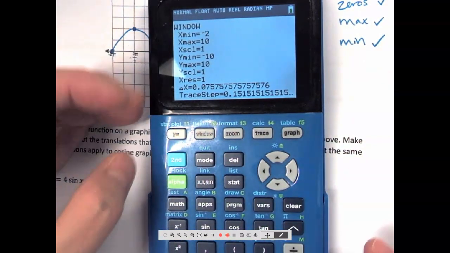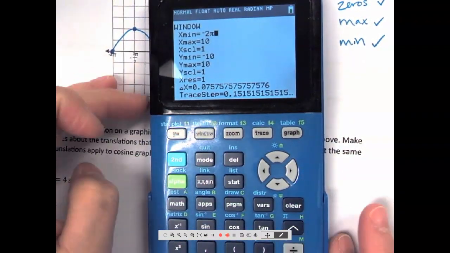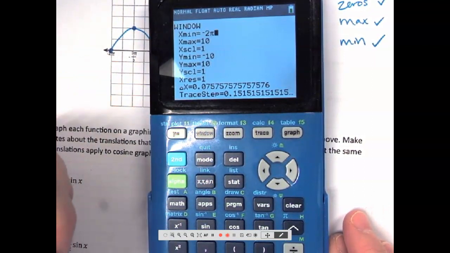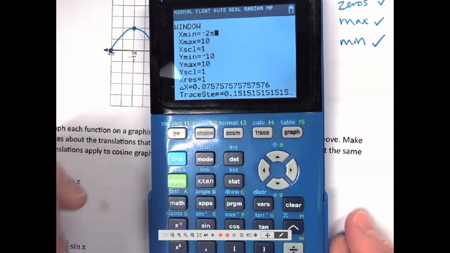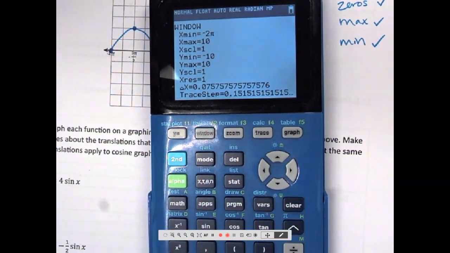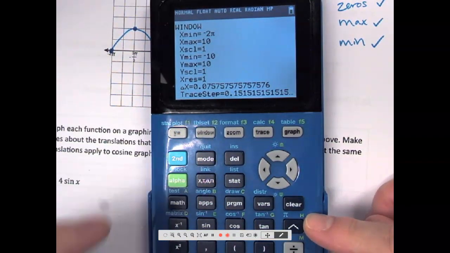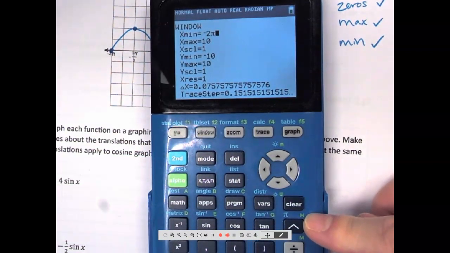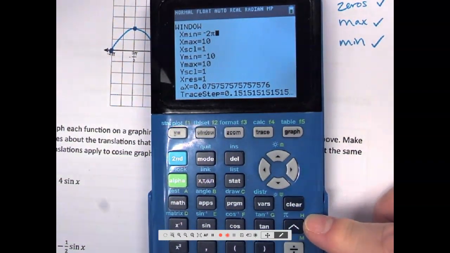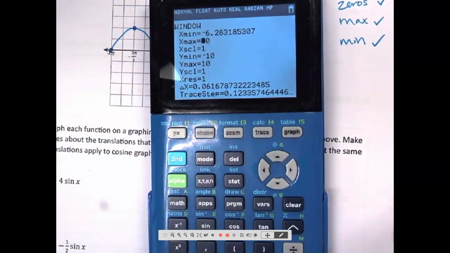So negative 2 pi. Pi is above the little arrow key that you would use for power, right over here under the clear. So you have to do second pi. Now when I push enter, it's going to remove the pi symbol and put a decimal there. I don't like that, but I can't change it.